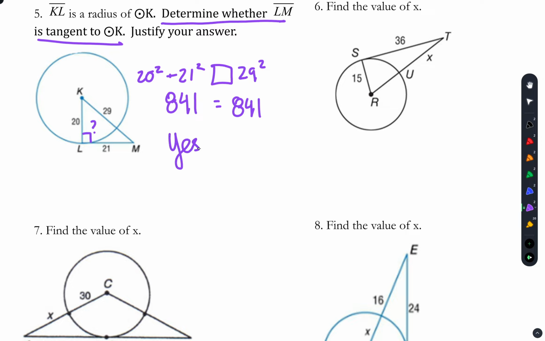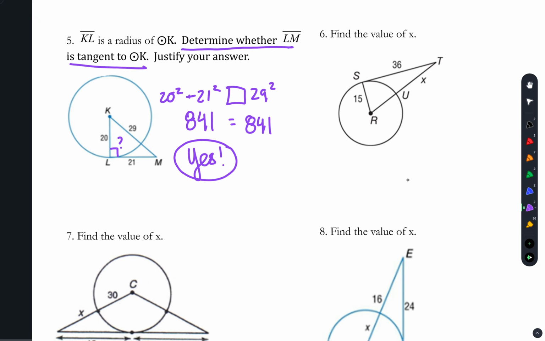So then we could say, yes, LM is tangent. Questions on that? Okay. So that's when it says determine whether this is tangent or whether this is a right angle or something like that, okay?